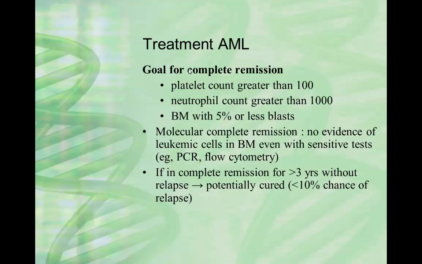There is molecular complete remission when there is no evidence of leukemic cells in bone marrow. You could assess this by flow cytometry or polymerase chain reaction. If in complete remission for 3 years or more without relapse, the patient could be considered potentially cured.